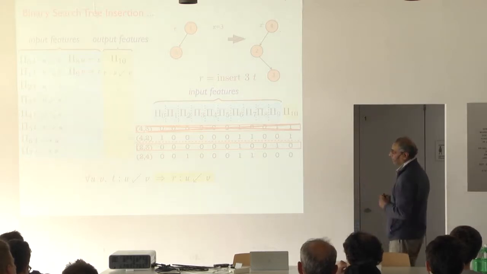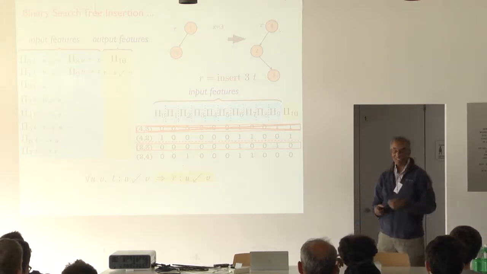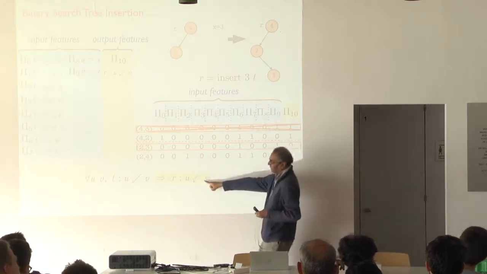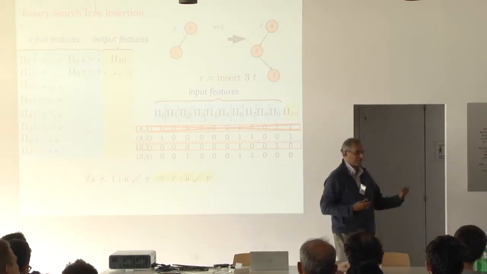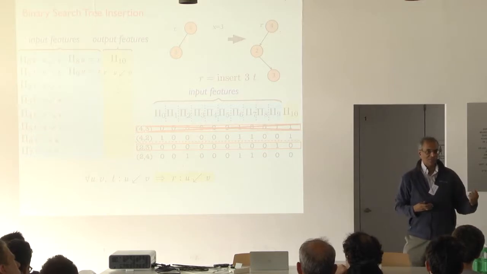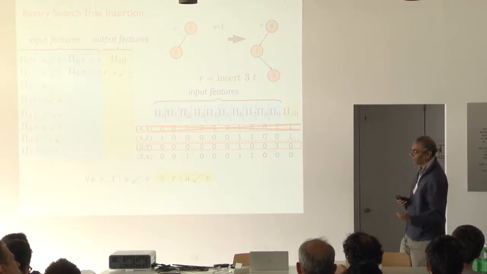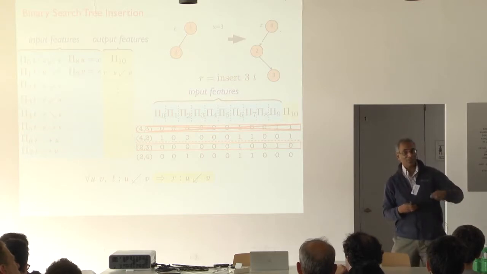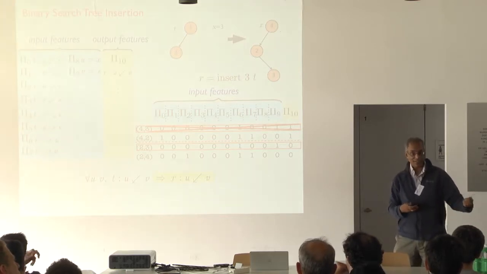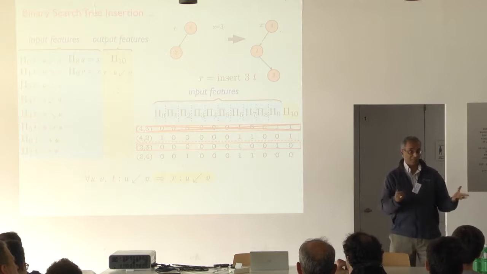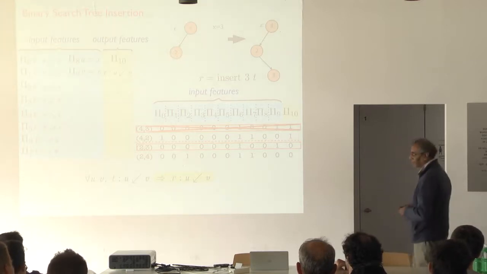If we stare at this a little bit, we observe that if we want to claim that V occurs in the left subtree of U, it is sufficient for us to know that V occurs in the left subtree of U in the input. So that's a sufficient property that would satisfy this particular spec.